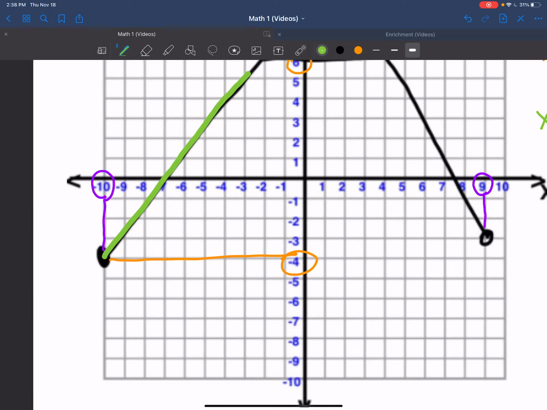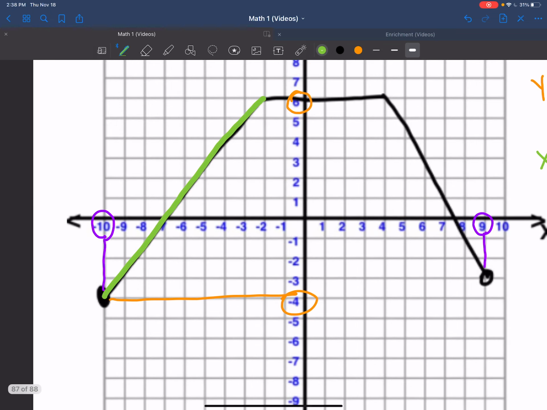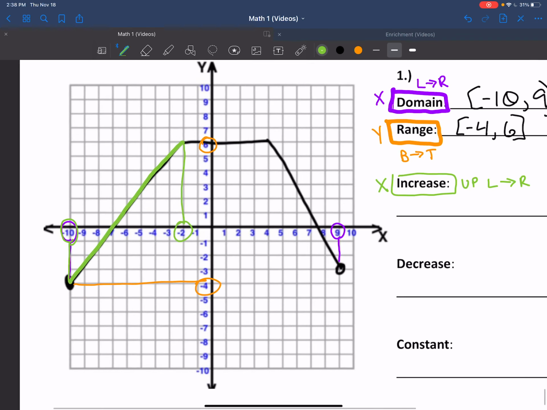See how my pencil is going upwards? So what is the leftist number of this chunk? It is a -10. What is the rightest x number for this chunk? It is a -2. So that means I am increasing from -10 to -2. -10 is a closed bracket because it's a closed dot. -2 is a closed bracket because it's part of the line.